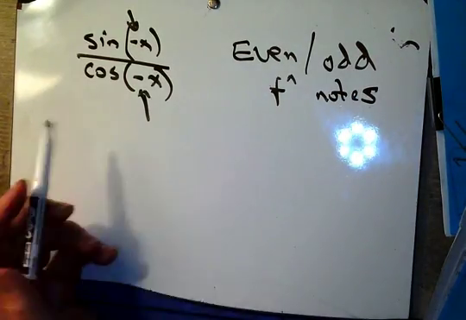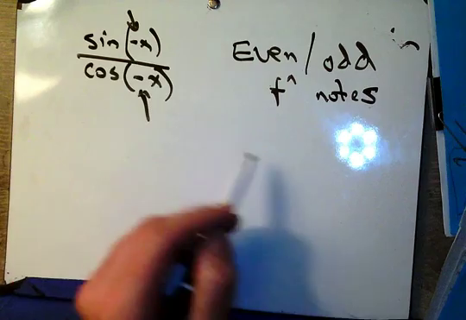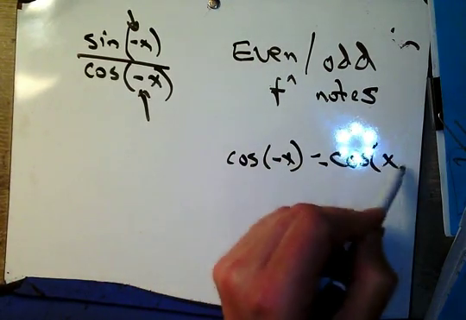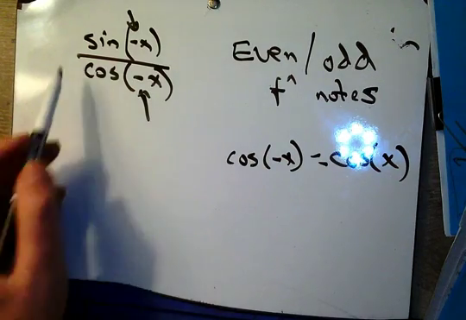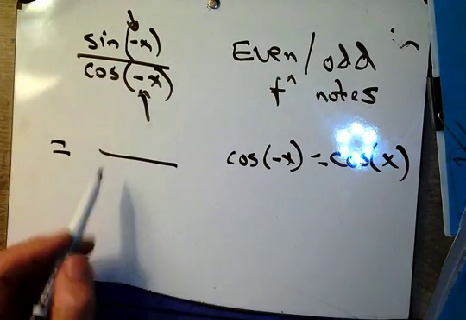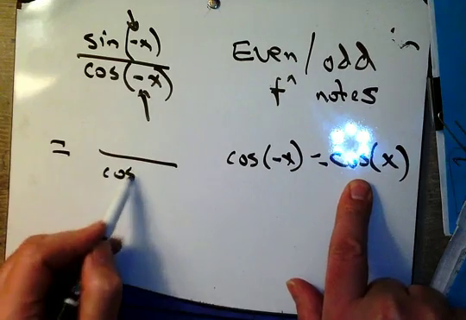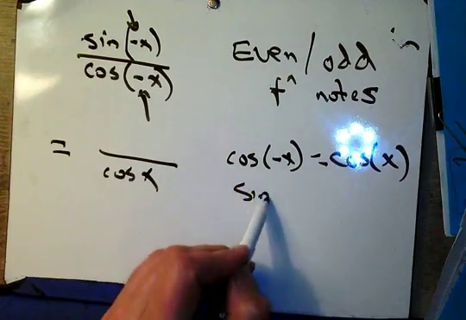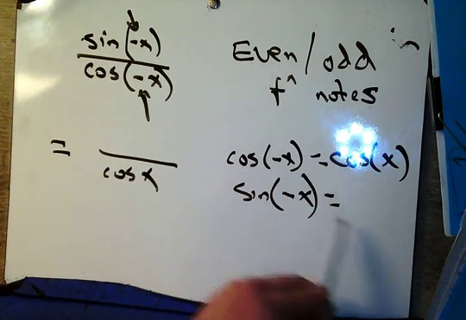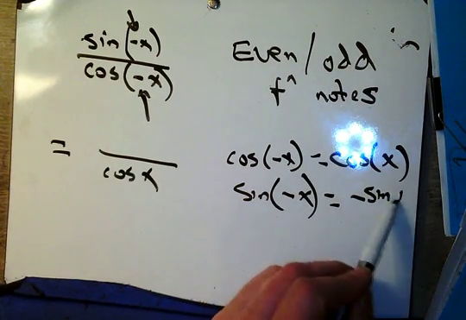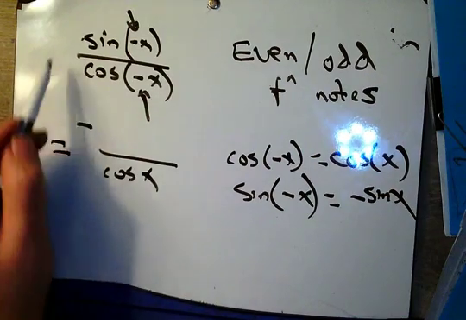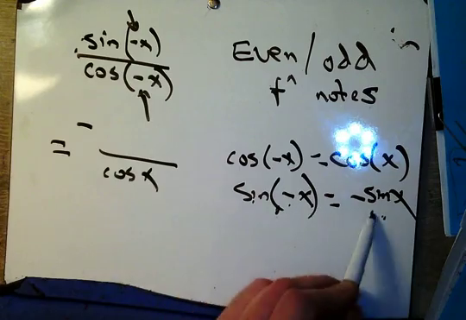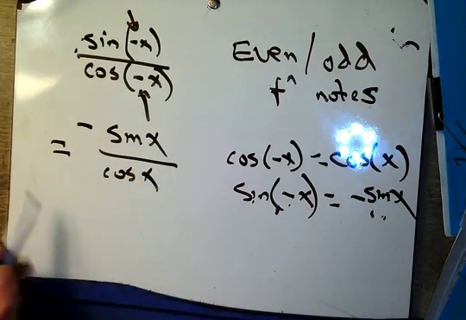Okay, so I know that cosine is even, which means that the cosine of -x equals the cosine of x. And we talked about that in a prior video. So I'm going to change this to be that. And we know that sine is an odd function, which tells us that sine of -x is going to be equal to negative sine of positive x. So I'm going to replace this sine of -x with negative sine of x.